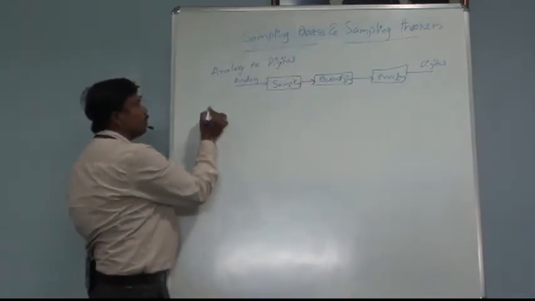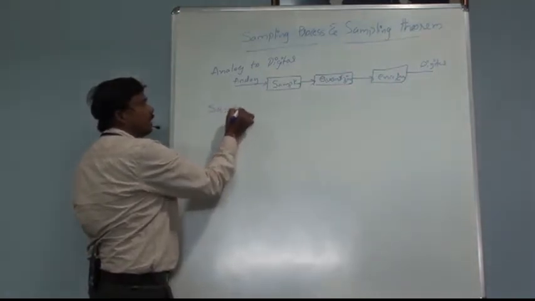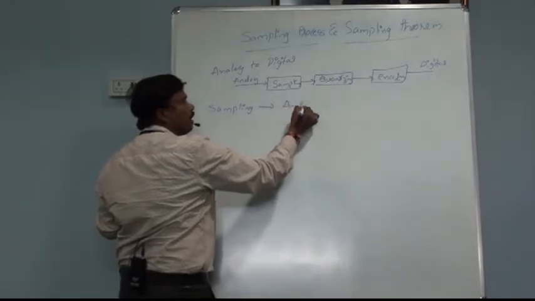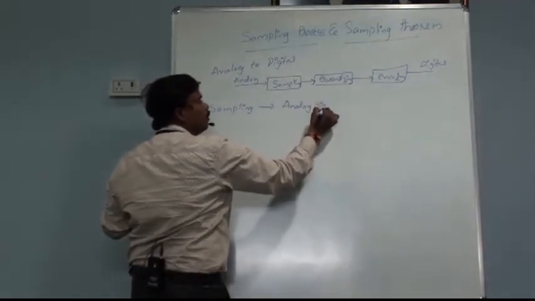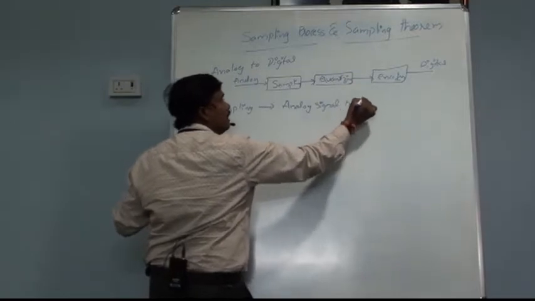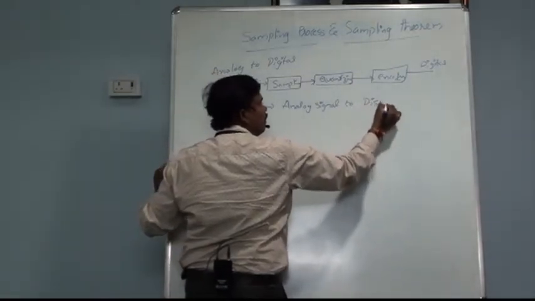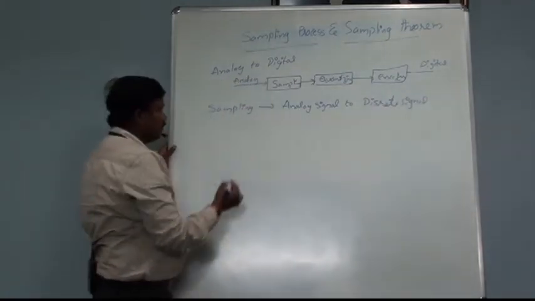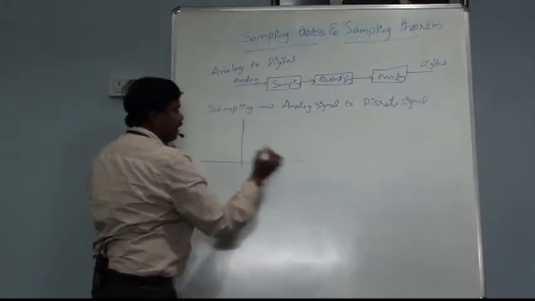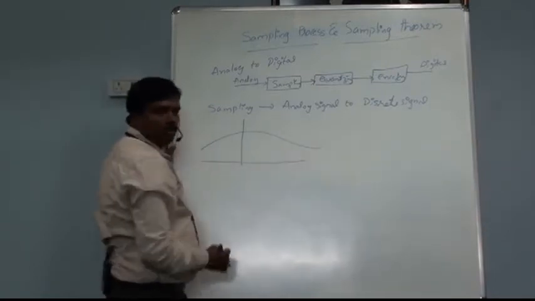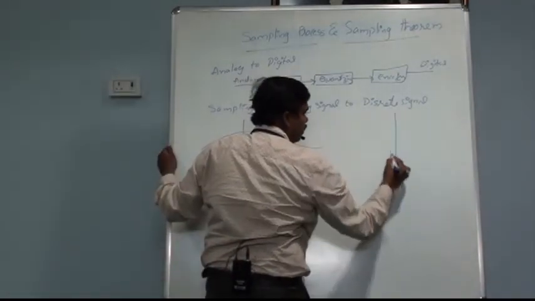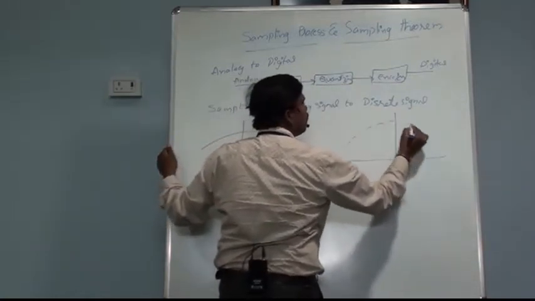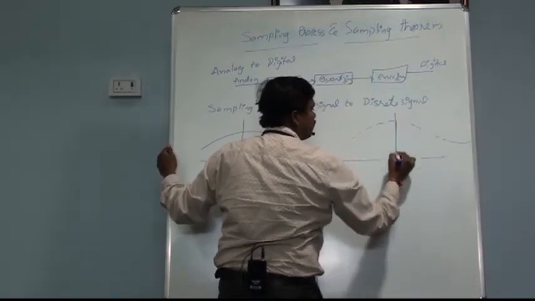So coming to the sampling process, sampling is nothing but converting of analog signal to discrete signal. For example, let us consider an analog signal and the discrete signal will be like this.